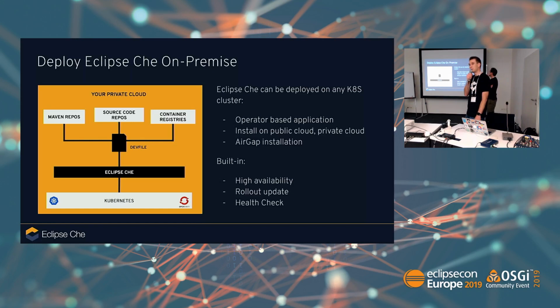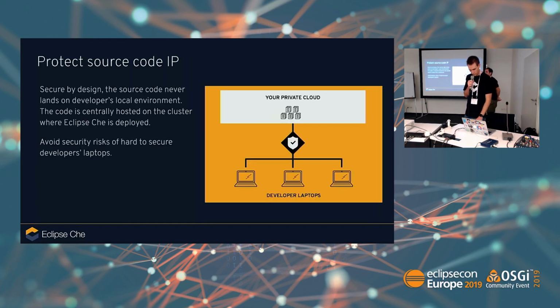The installation is provided by an operator, and you can install Che on any kind of distribution of Kubernetes. It's also designed to protect the source code IP, because of course the source code is never landing on the laptop of the developers, so it stays on your private cloud.